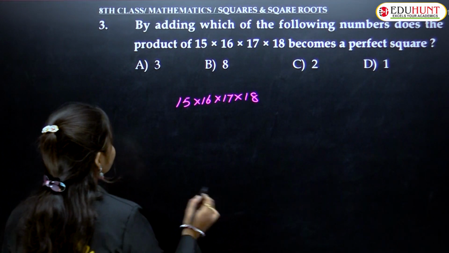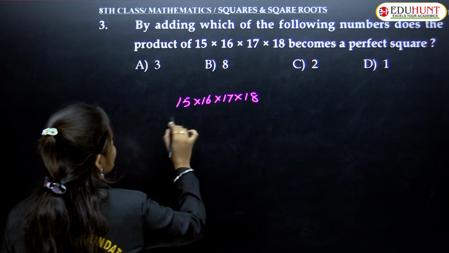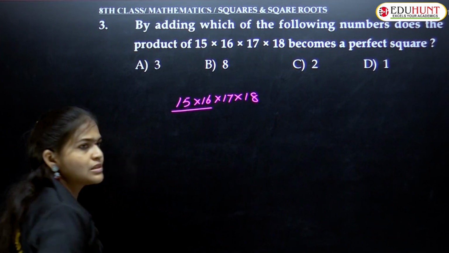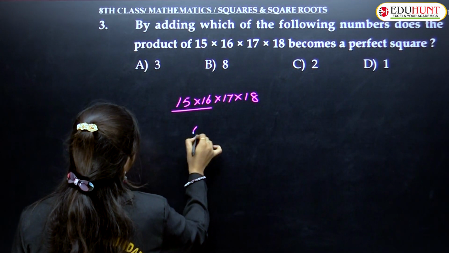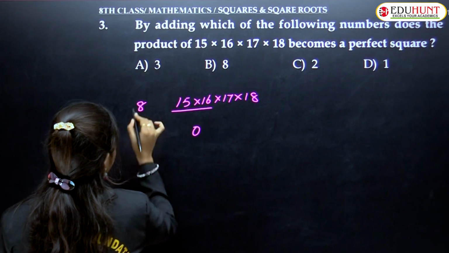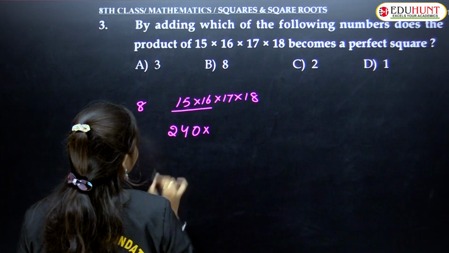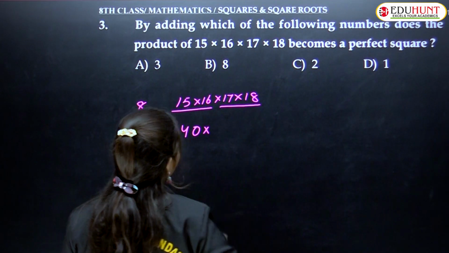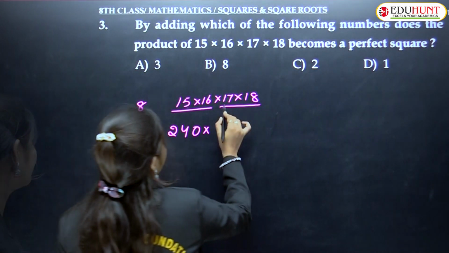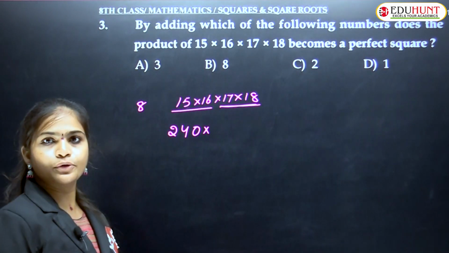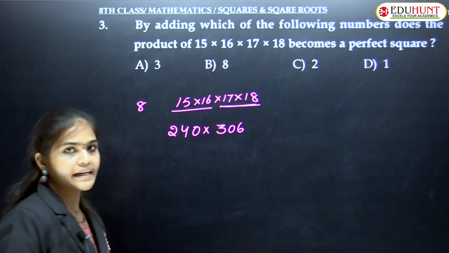Here it is better to take the product of this one, then you will easily get it. So see here, 15 into 16. 16 fives are 80, and 16 ones are 16, 16 plus 8 is 24. So 240. Clear? Into 17 into 18, which is equal to 306.